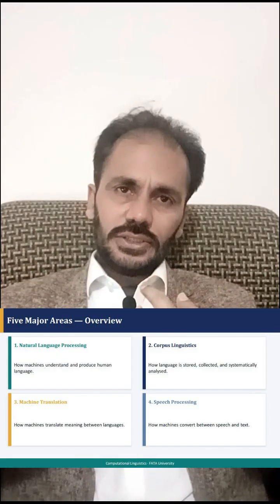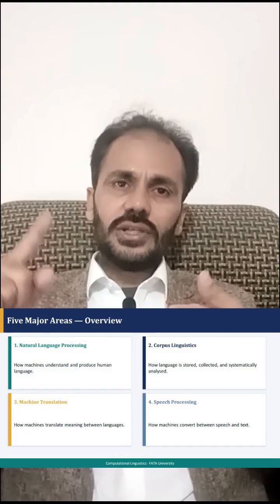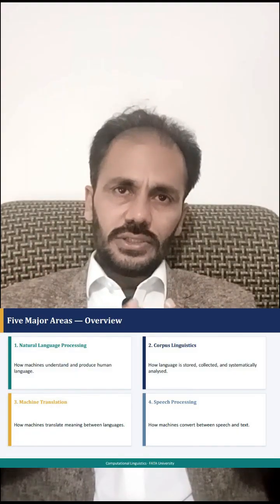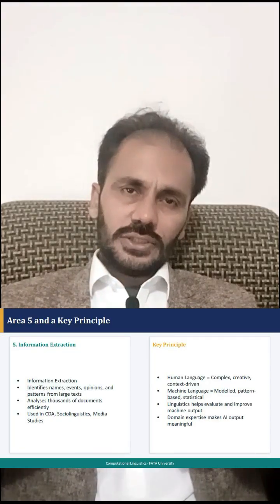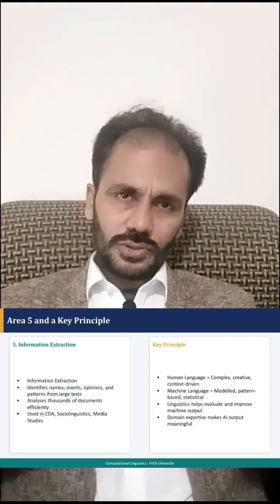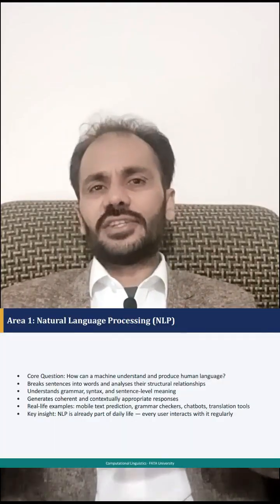The third one is machine translation. The fourth one is information extraction. And the fifth one is speech processing. Now, how are these areas connected to linguistics? Let me ask you specific questions related to these areas, and the answers to these questions will tell you whether these areas are related to linguistics or the computer science department.